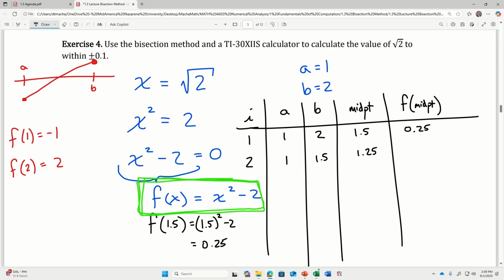You said it was negative? Negative 0.44? Yeah. Okay, so if the value of this function is negative, and I'm going on for my third iteration now, what's my new lower bound?